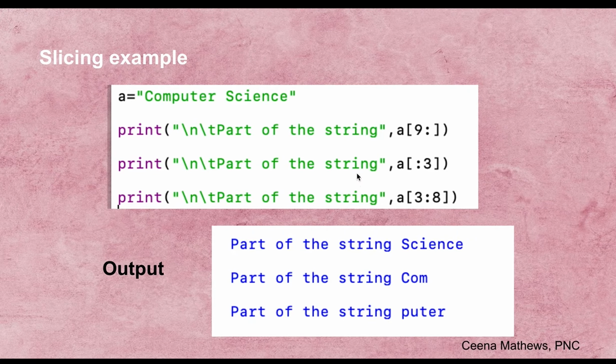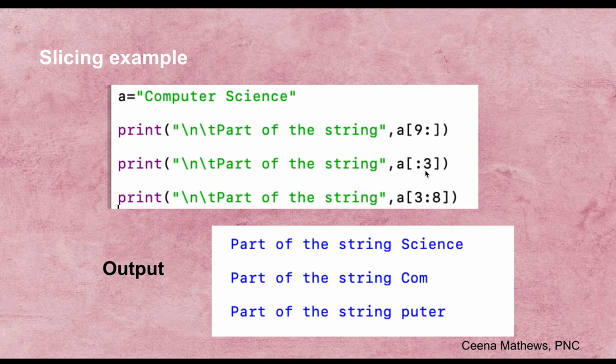In the second print, the start index is not given, so by default it will take the starting index as 0, that is the index representing the first letter in the string. So 0, and the end index given is 3.